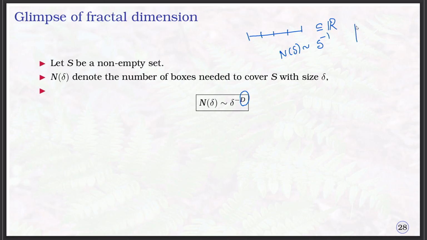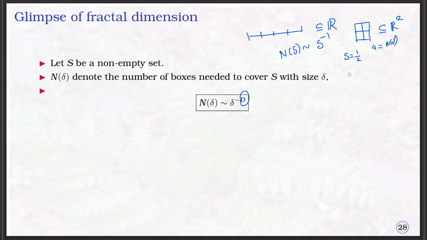Suppose I take an object in R power 2, like this square. If I take delta equal to 1 by 2, considering all sides equal, then we need 4 boxes to cover this object.